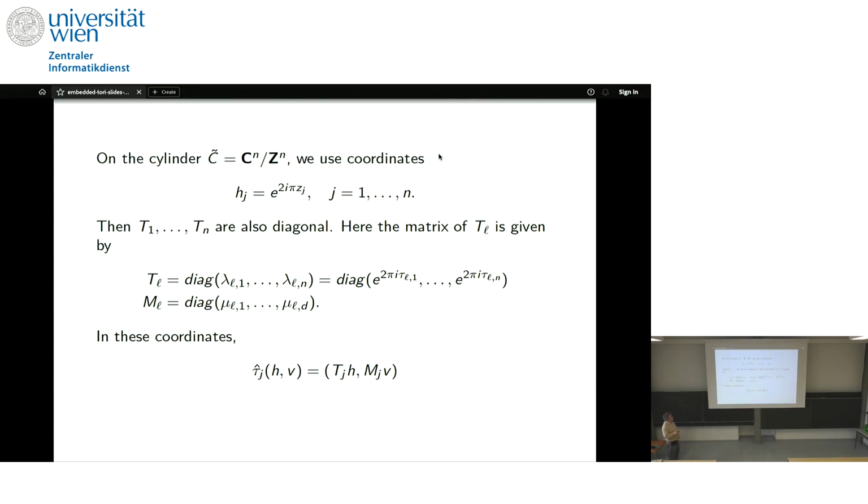And so you define the deck transformation of the normal bundle to be given by such a map. So it's a linear one in V, okay? And H now plays the role, is written by this kind of expression.